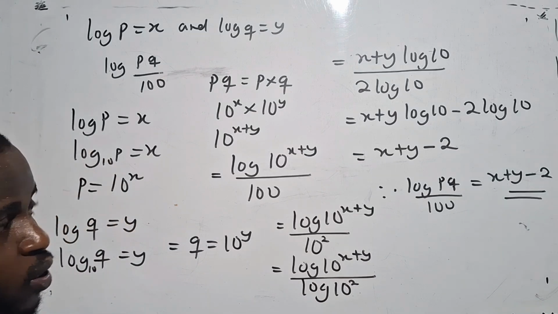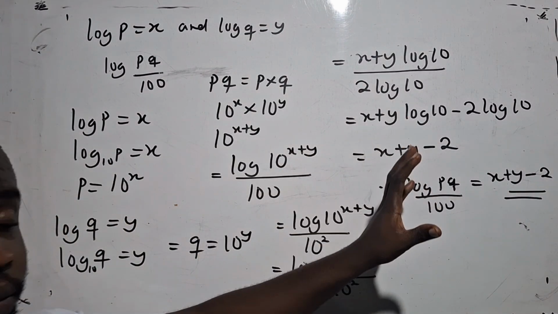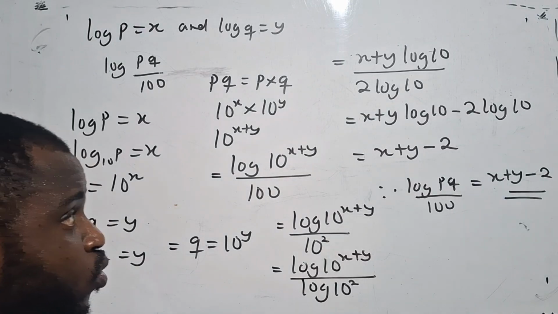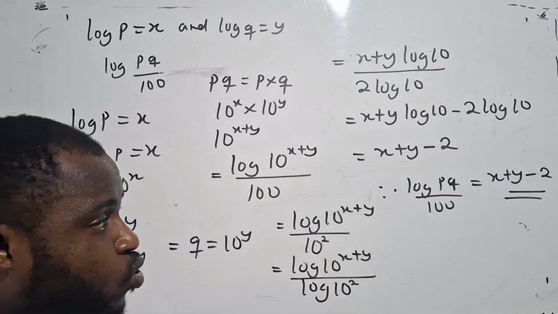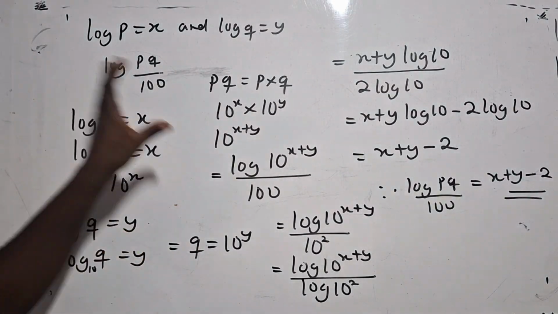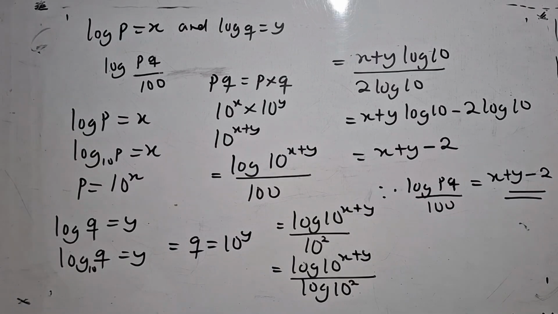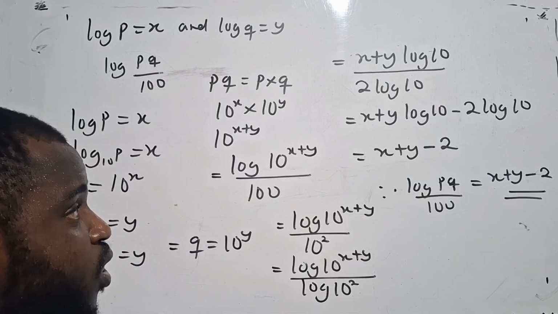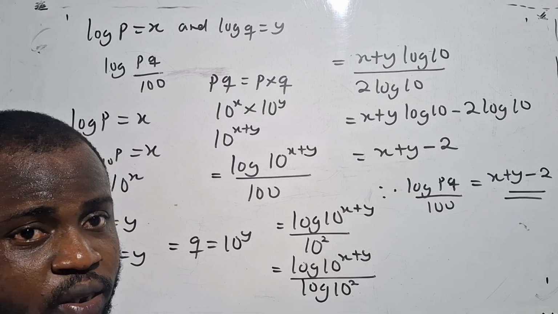So they are subtracting, and when you're dividing, we subtract. When they are subtracting and you want to solve, we divide as the inverse. So this is how we express P and Q in terms of x and y. So we are going to take our last question on this part.